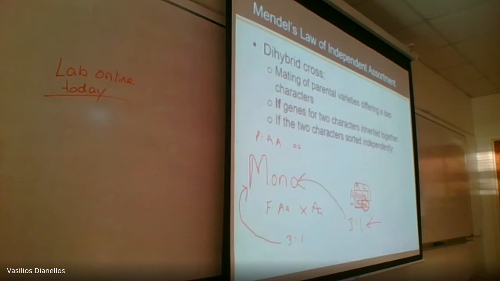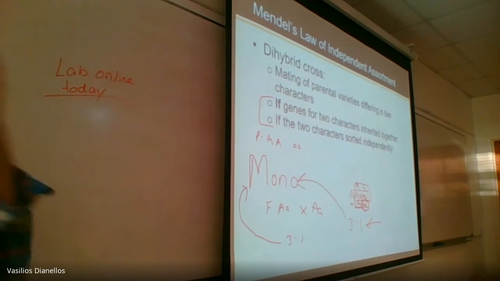But if these 2 characters were inherited together, like if the gene for pea color, the pea that you eat, was right next to the gene for flower color, then they would be inherited together. Whatever allele you got from your mom for pea color, you would probably get her allele for flower color too, because they're right next to each other.